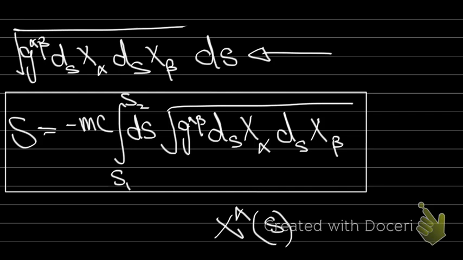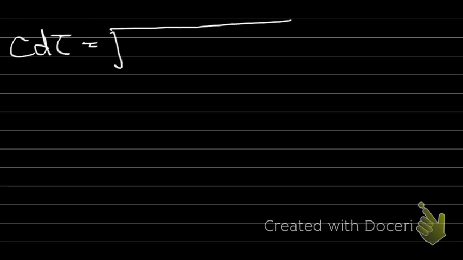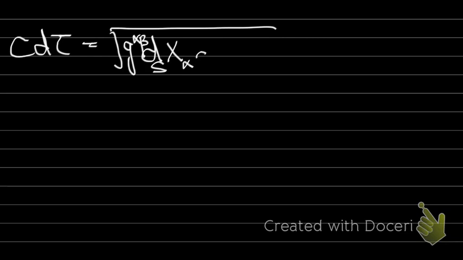Now let's go to the next page and remember that c d tau is equal to the square root of g alpha beta, derivative with respect to s of my x alpha and derivative with respect to s of my x beta, right?